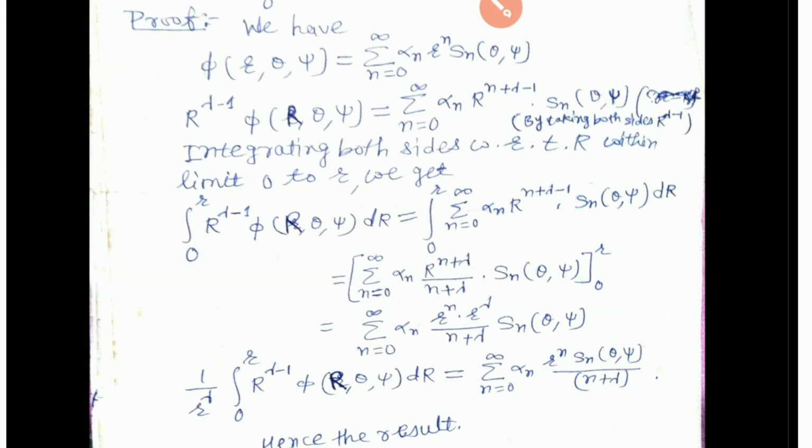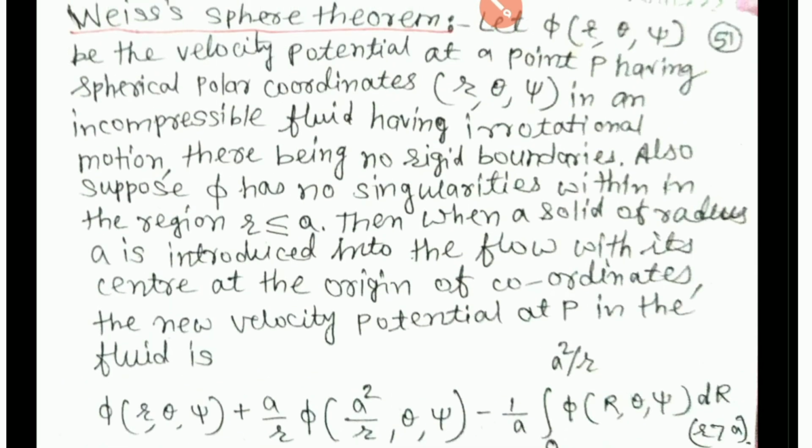That theorem is which theorem? Weiss-Spear theorem. Let phi of r theta psi be the velocity potential at a point P having spherical polar coordinates r theta psi in an incompressible fluid having irrotational motion, there being no rigid boundaries. Also suppose phi has no singularities within the region r is less than or equal to a.